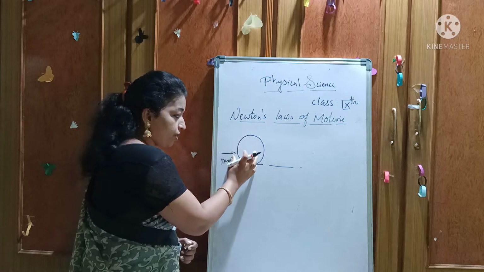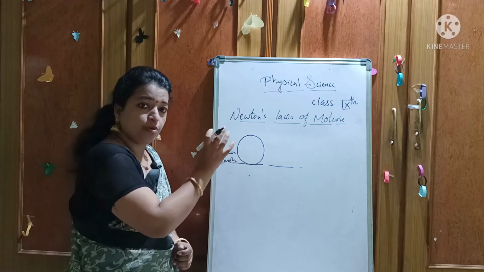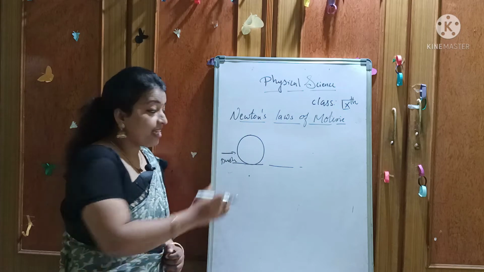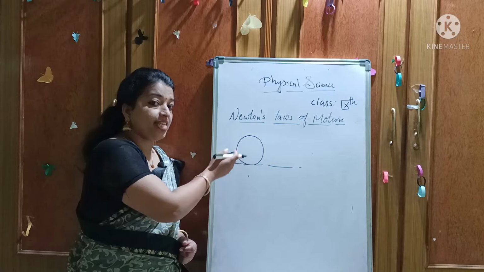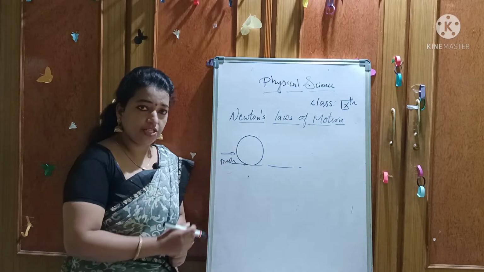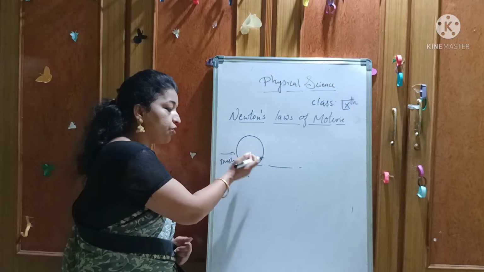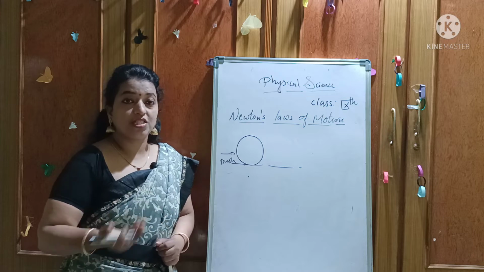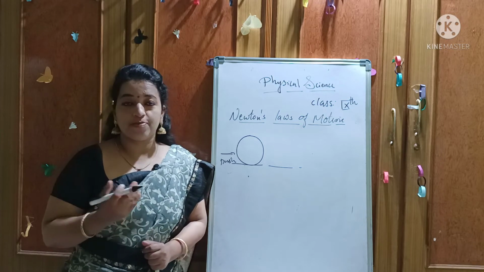When the body is at rest, I just give a small force to the ball, and it got the acceleration. So here the force changed the state of the object. Before, the ball was at rest; when I gave a force to the object, its state changed to motion. That is what Newton's second law of motion explains.